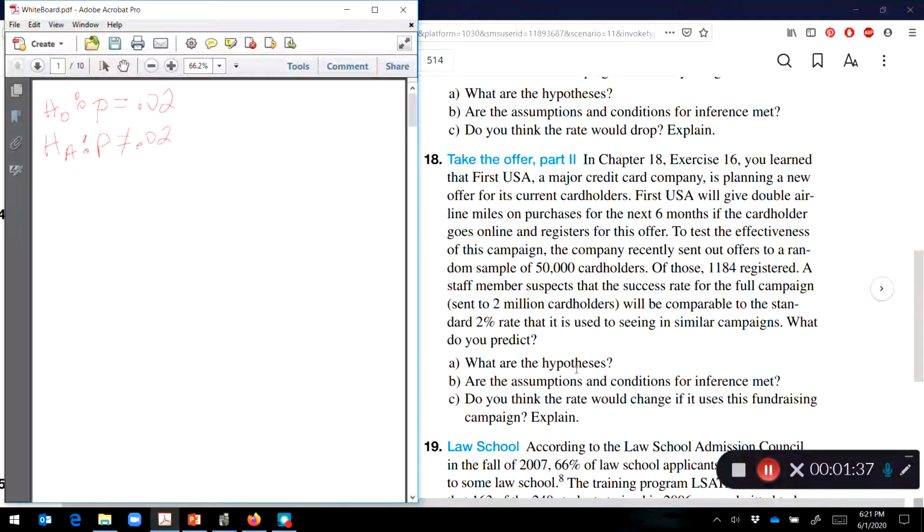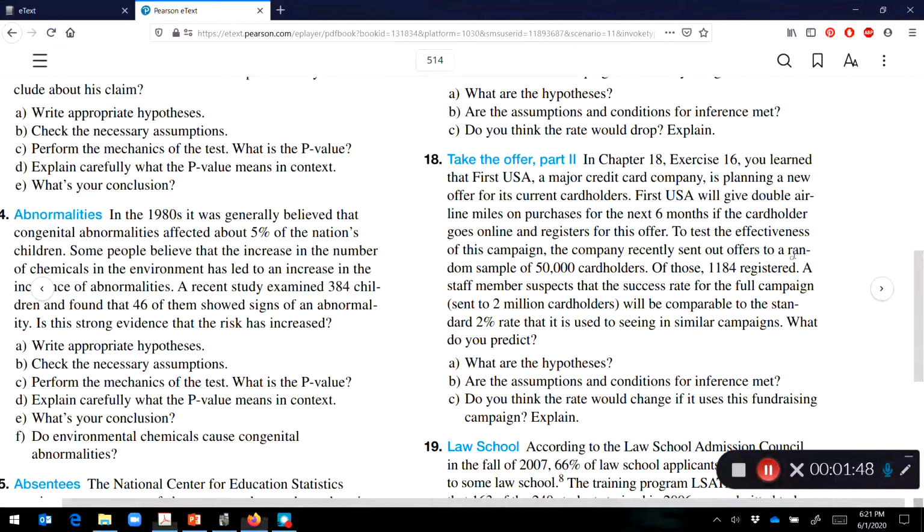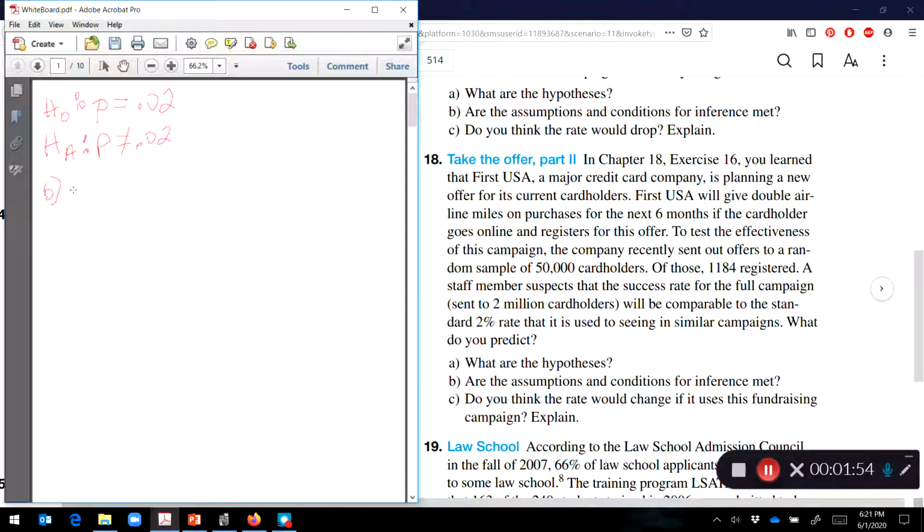Now, what are the assumptions and conditions for inference? Remember, when we're dealing with proportions, the first thing we need is randomization. It says this was a random sample of 50,000 cardholders, so we are definitely okay there. The random condition was met by the random sample. Next, we need 50,000 to be less than 10% of all cardholders.